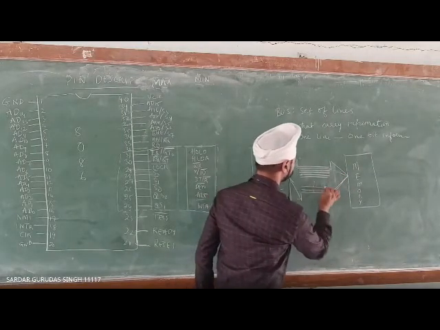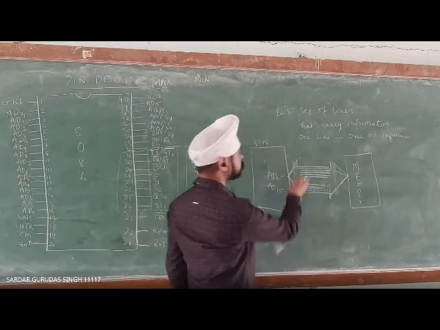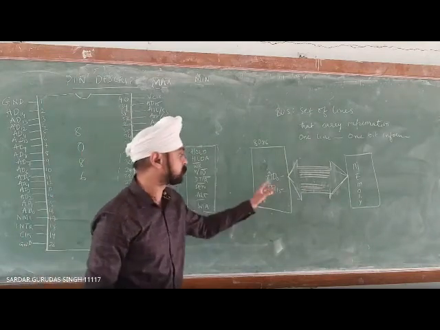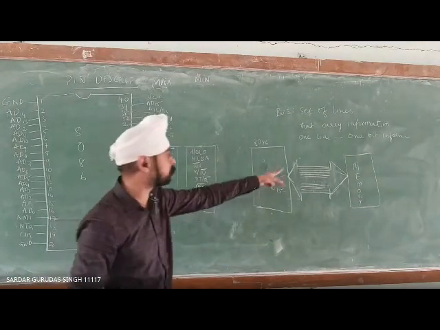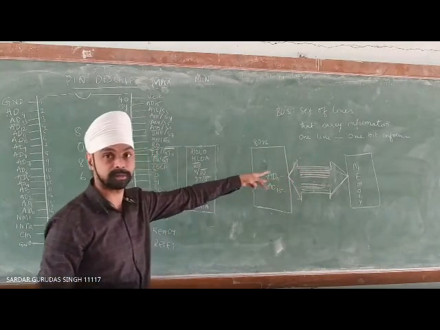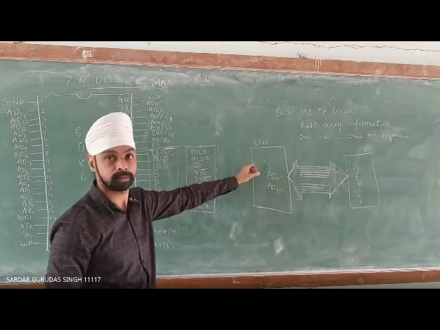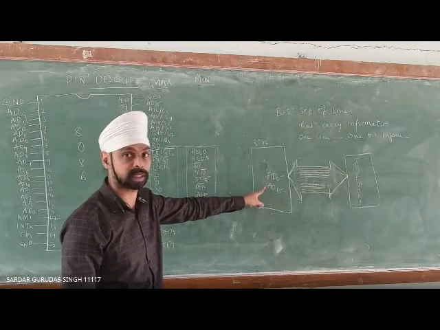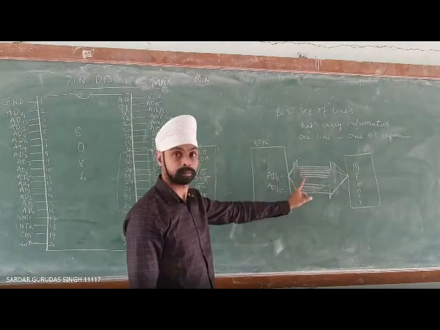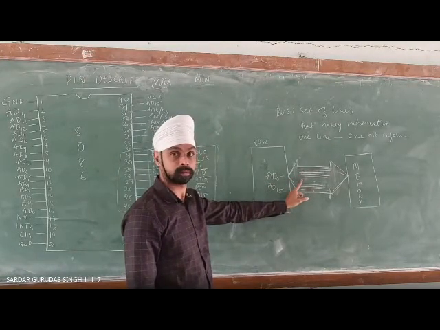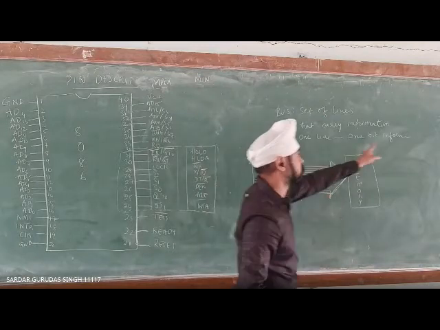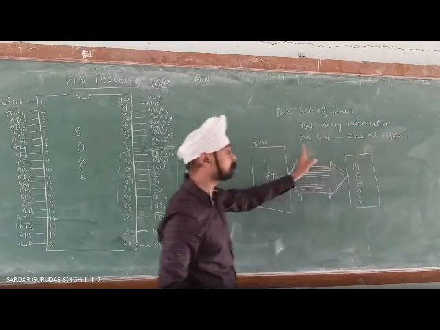AD0 to AD15. How many lines will be there on the bus? Sixteen. 16 lines are there. Each line will carry one bit, either 0 or 1.